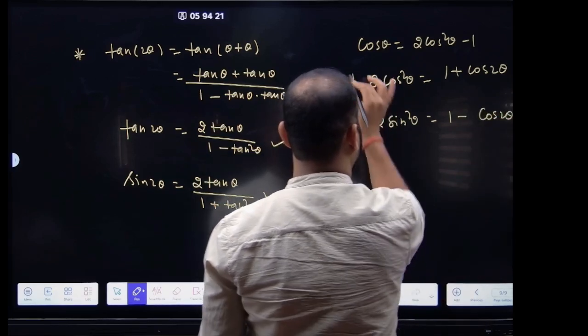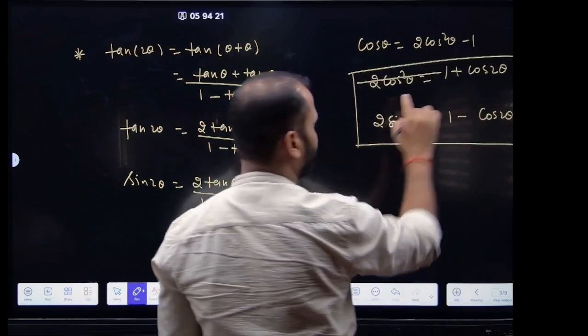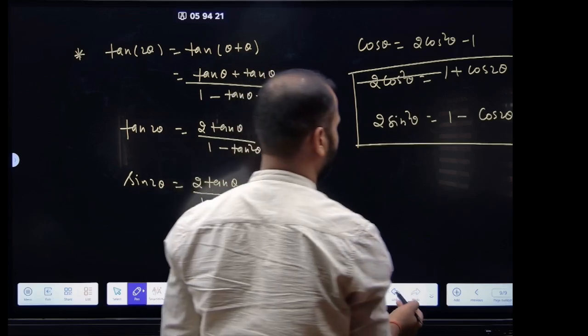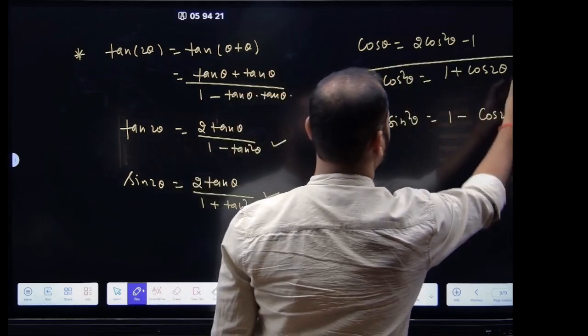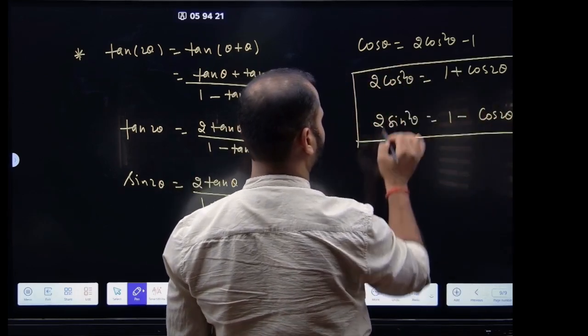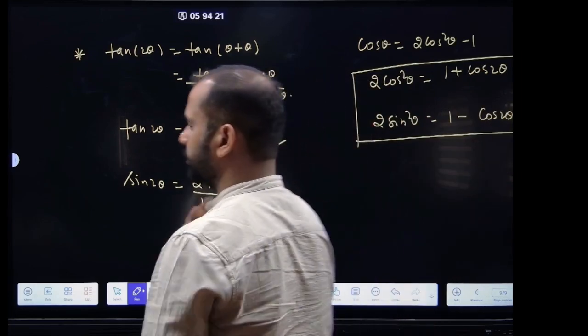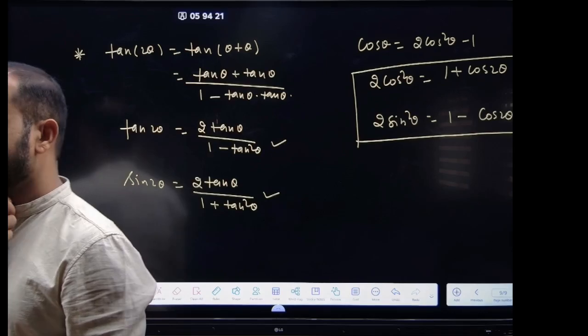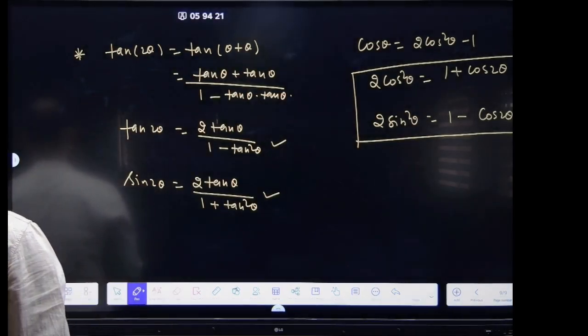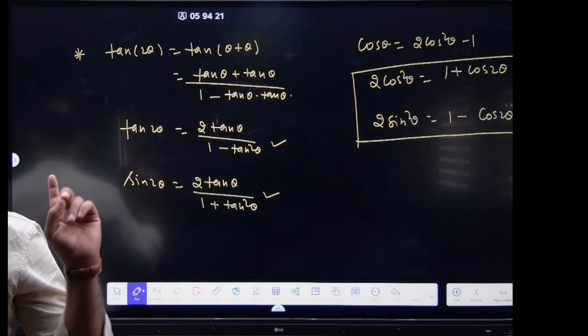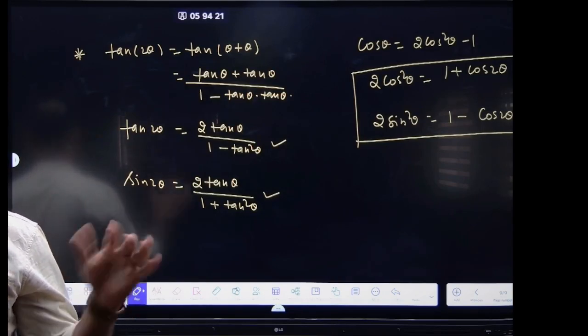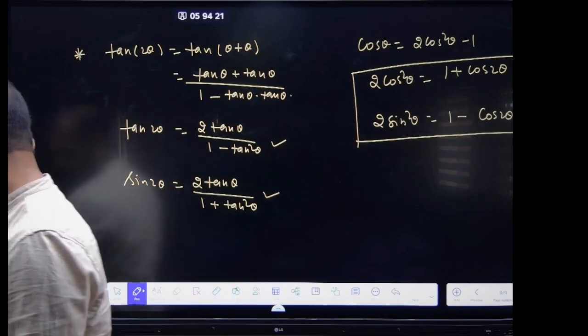This also you remember from the cos 2 theta formula. If you have 1 plus cos 2 theta, then this is 2 cos square. If you have 1 minus, it is 2 sin square. So if plus is there, cos square; if minus is there, sin square. From cos 2 theta only I am writing, right? So directly many times we will be using this information also.